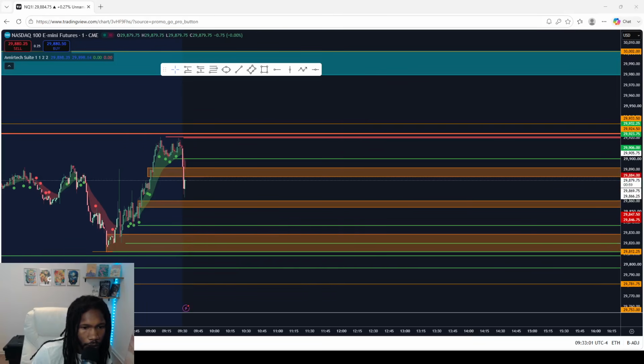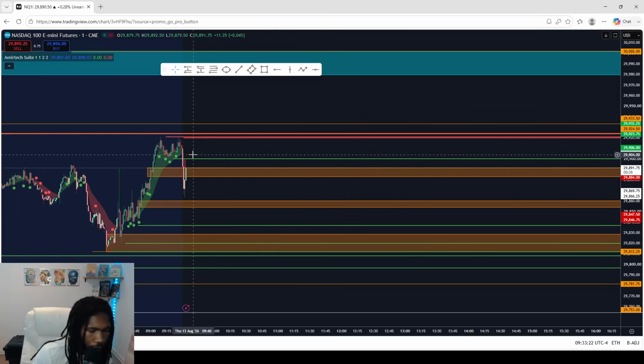Nothing happened. We have a nice little resistance right there at that zone. I wouldn't mind price coming up to like 90861, finding some resistance there, right?